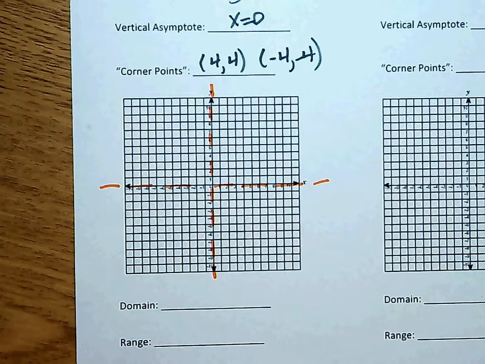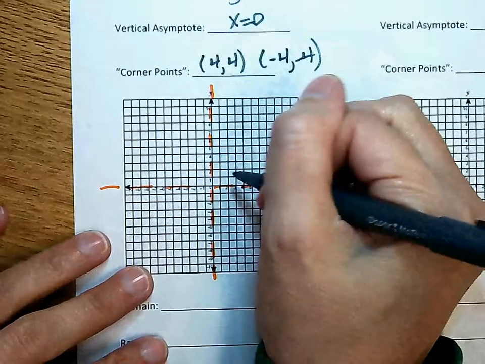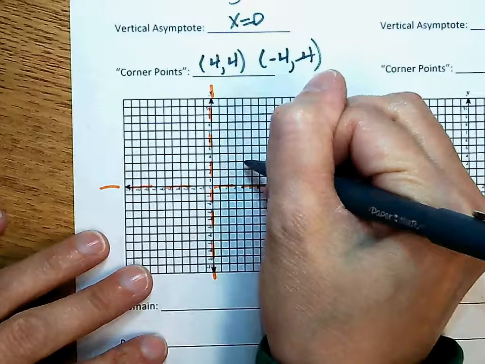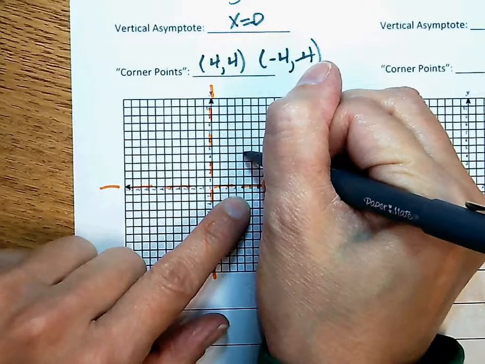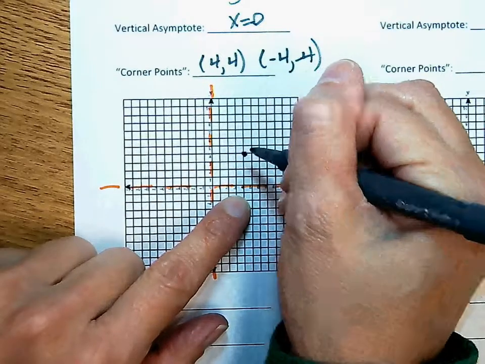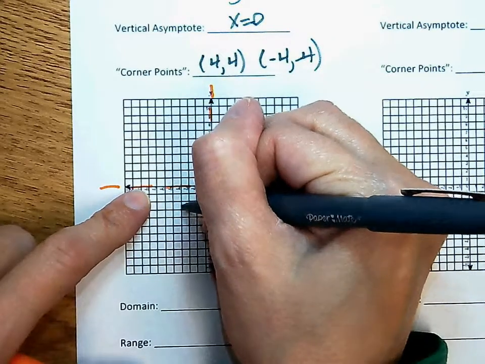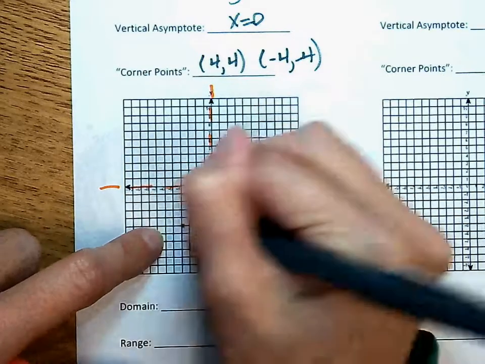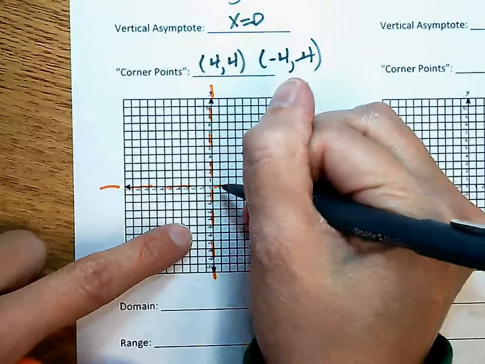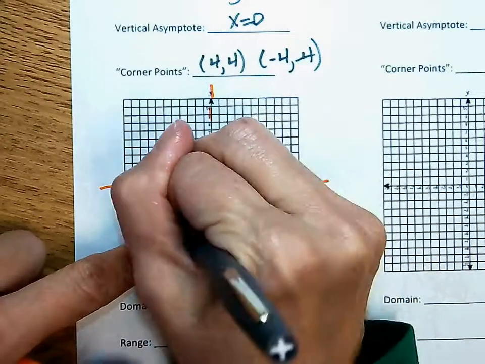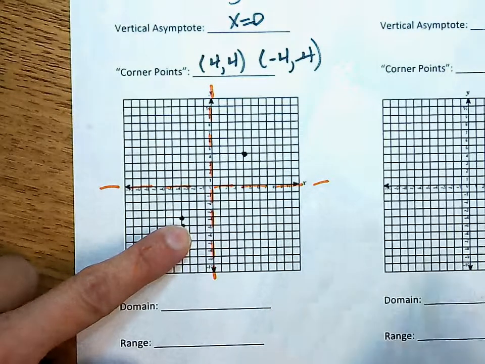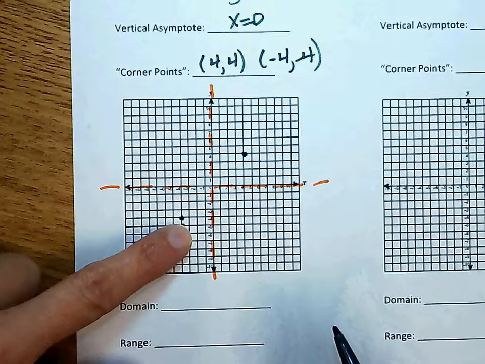So now plot your points. At 4, 4, there it is. So there's my point. At -4, -4, whoops, I missed it. It should be right here. Okay. Do not draw me a bird either.